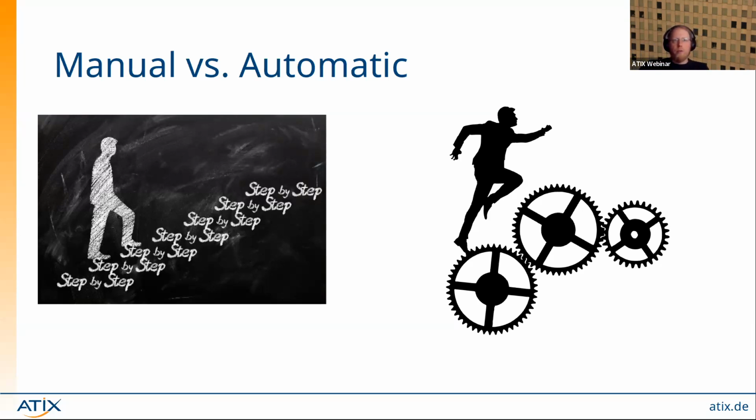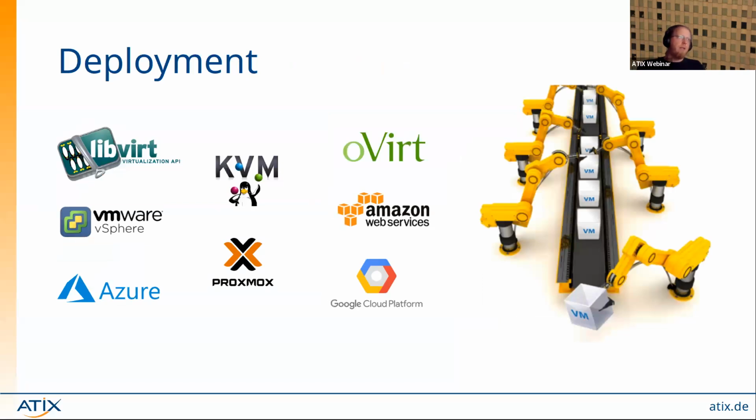So what does orcharhino automate? Start with the deployment. Orcharhino is a great tool for deploying hosts to different platforms. So we can help in deploying bare metal servers. We can deploy virtual machines on different hypervisors, Libvirt, VMware, Proxmox are the most prominent.